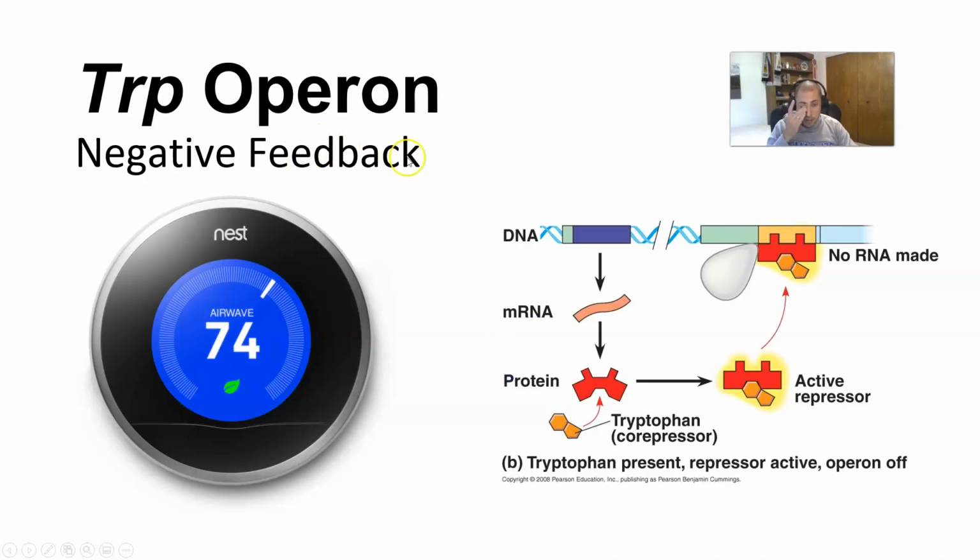In the trp operon, here we have the DNA, here we have the mRNA transcript, this is the protein. If tryptophan is present, it's going to pop into there and block the promoter from starting, and we're not going to make RNA, which is fine because that's saying I've got tryptophan, I don't need more, so you don't need to make more. If it's absent, then there's that conformational change, it changes shape and comes out, and then we do make the transcript so that we can make tryptophan.